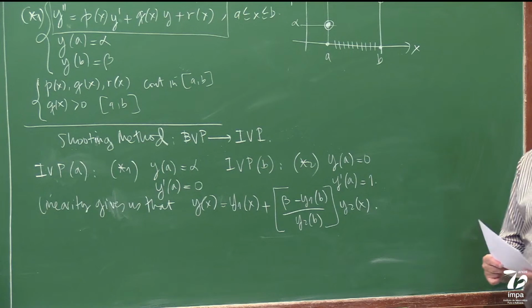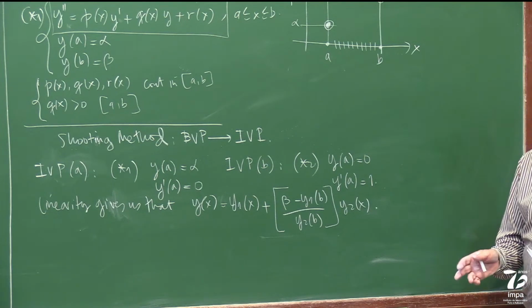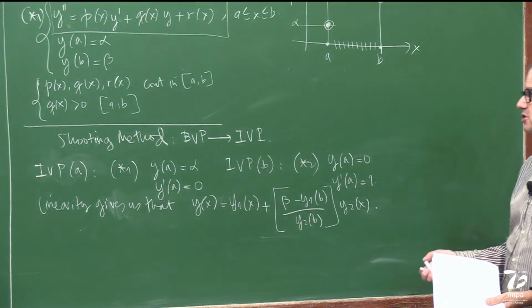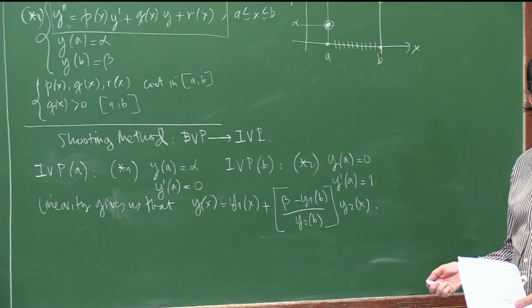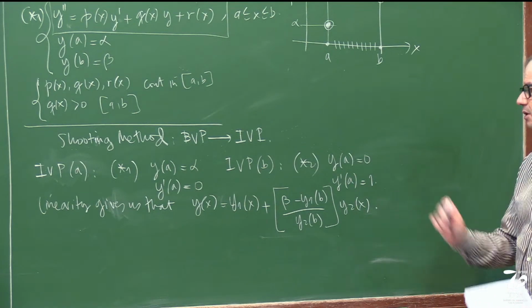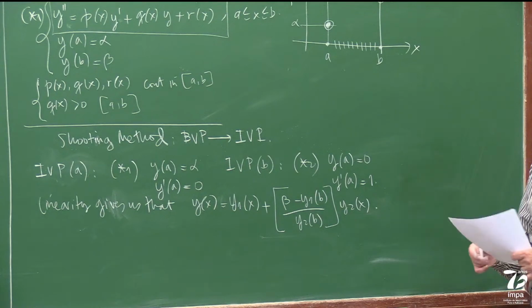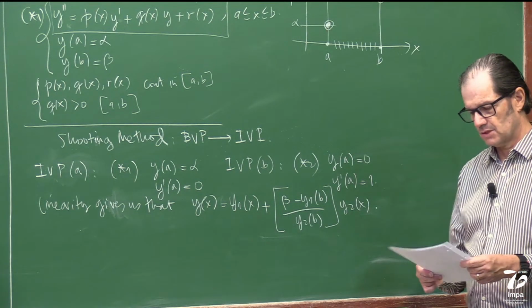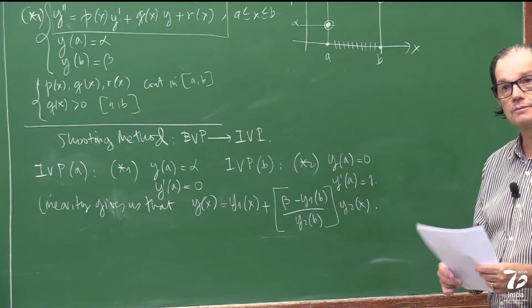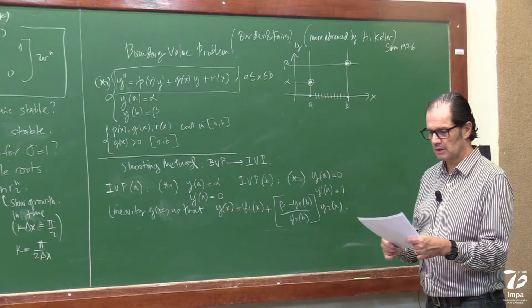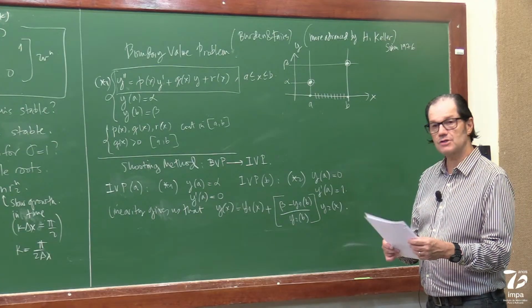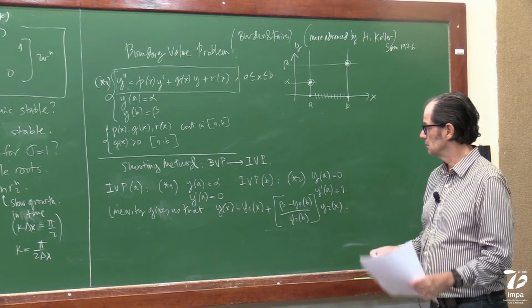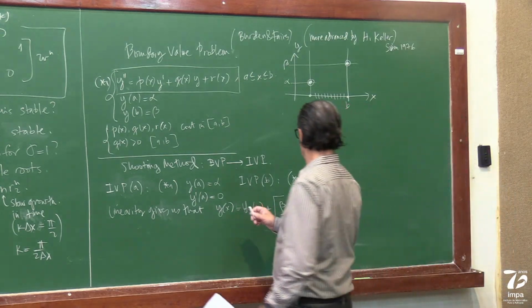So is this a surprise? Well, it's nice, but it's not so much of a surprise, right? Why is it not so much of a surprise that I can do this trick? It's not yet the shooting method. It just shows that for the linear problem, it's very simple. Why can I do this?